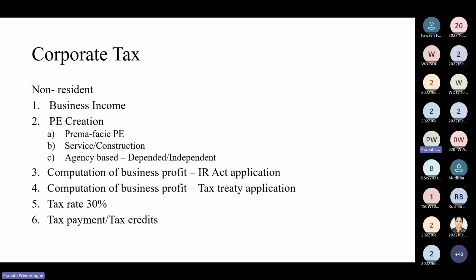I explained in the lecture that in the case of a resident company, residual profit shall be distributed as dividend, and the dividend tax rate is 15%. In the case of a non-resident person, residual profits shall be remitted. So the profit remittance, that is profit after tax, if we are remitting to that particular non-resident person, is again liable for tax at 14%, which is called remittance tax. Right? If there are any tax payment details, we can deduct.